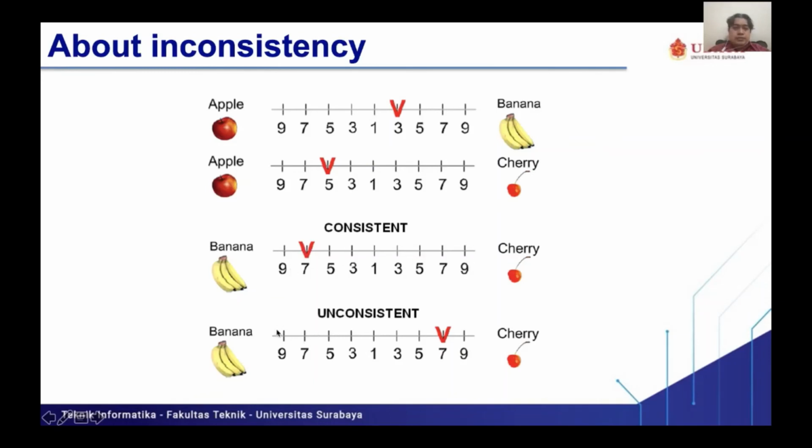And if the judge chooses cherry over banana, or likes cherry more than banana, it will lead to inconsistency.